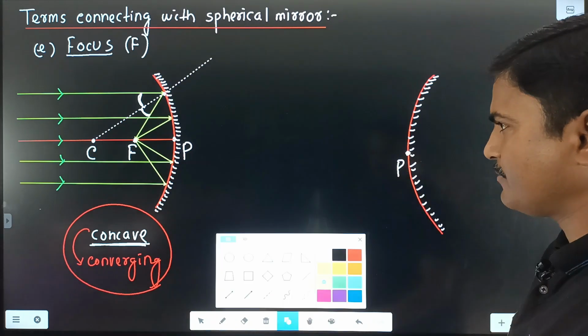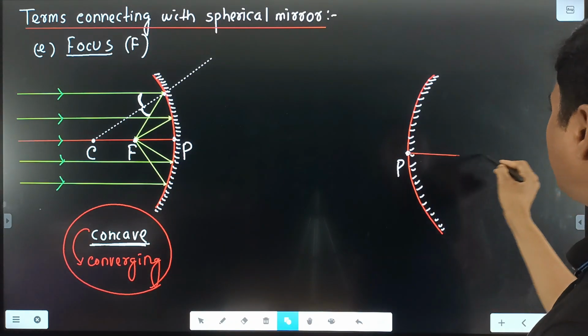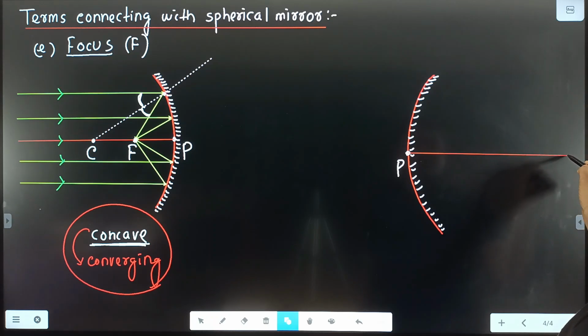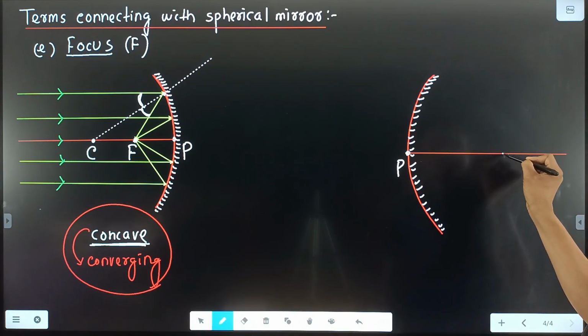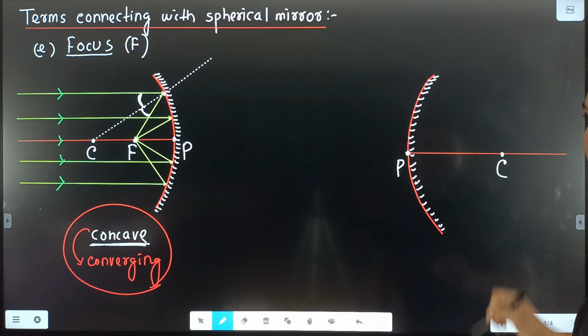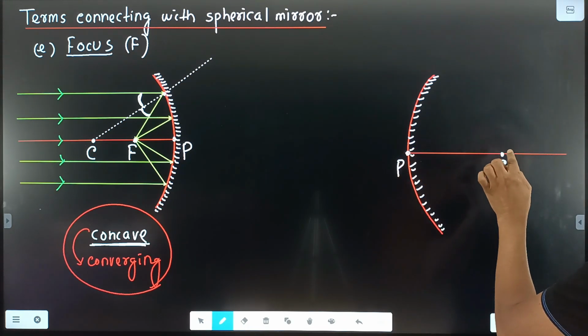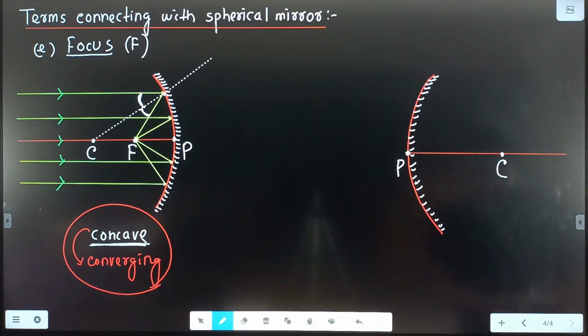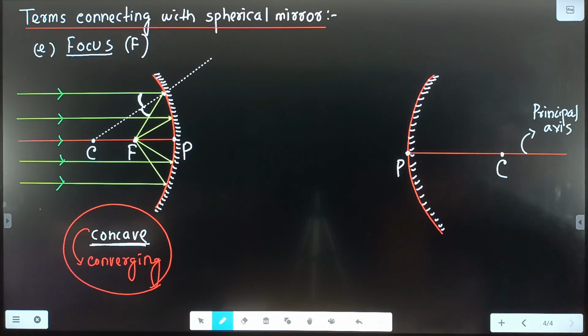And here we draw a line passing through the pole and perpendicular to the surface at the pole. This point, suppose, is the center of curvature. This line is passing through the pole and the center of curvature, so this line is known as the principal axis.